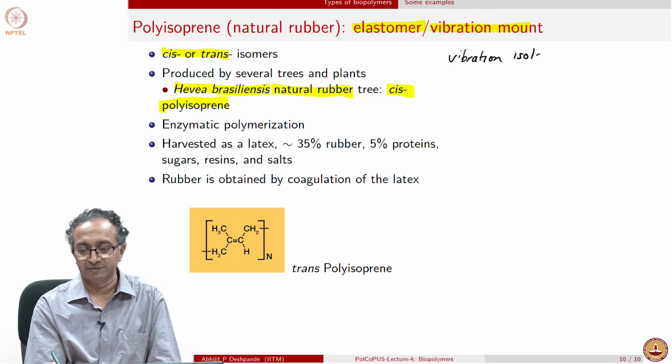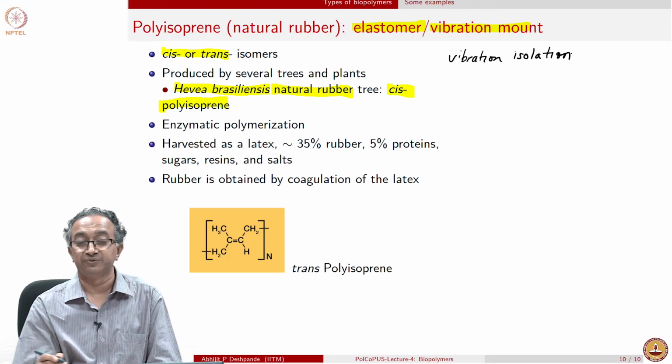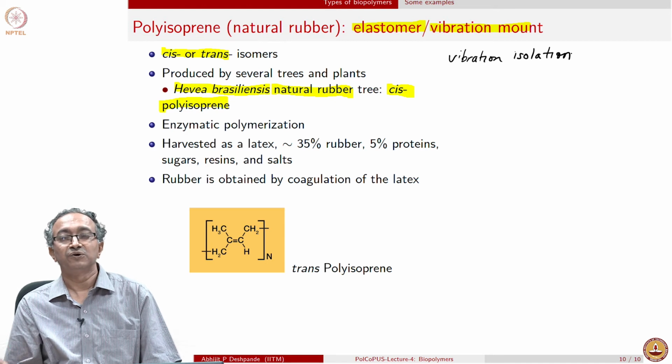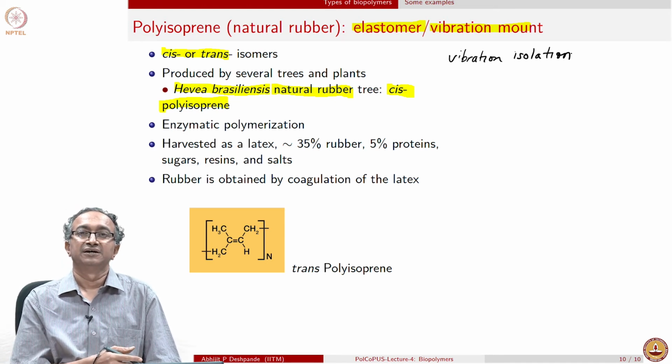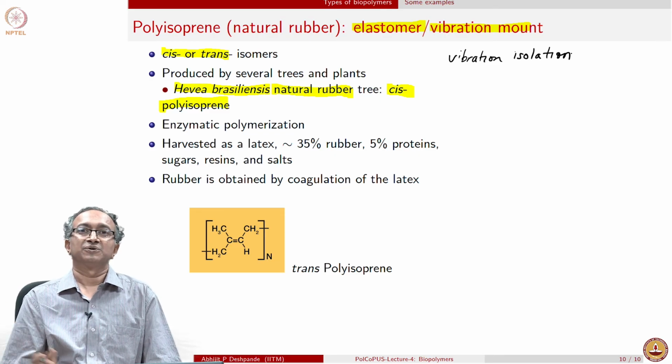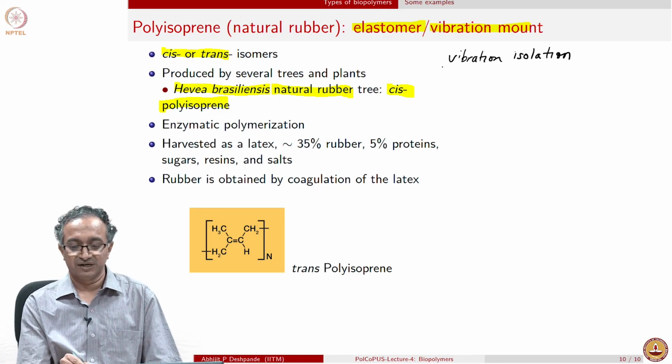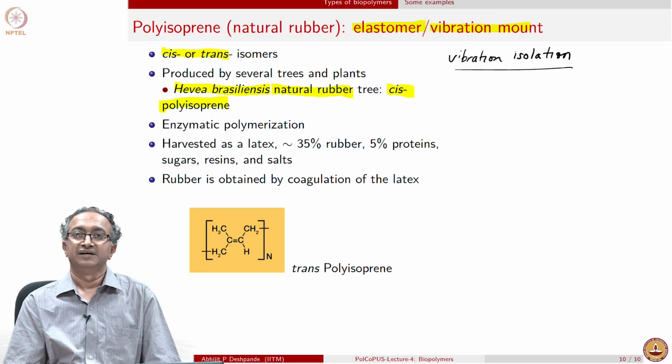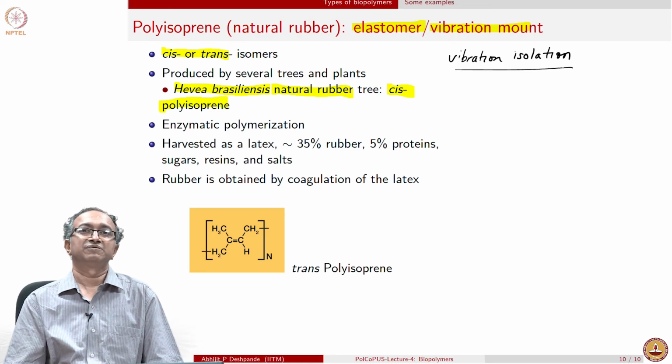because you do not want vibration from one equipment to carry to the other, or vibration of a floor being carried to the equipment, or equipment carrying its vibration to the floor, so that the people around there will feel the vibration. So, vibration isolation is a very important application. It is there in vehicles also when we travel.